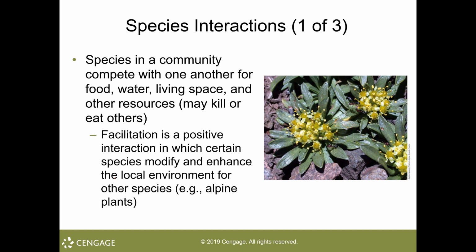Certain species interact in positive ways in a process known as facilitation, which modifies and enhances the local community for other species. For example, alpine plants in harsh environments grow faster and larger and reproduce more successfully when certain other plants are growing nearby. In your textbook, see page 1172.